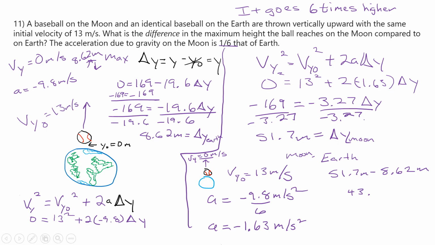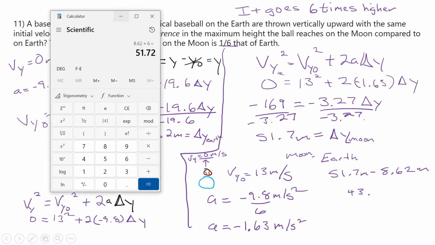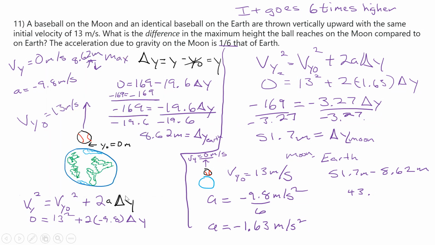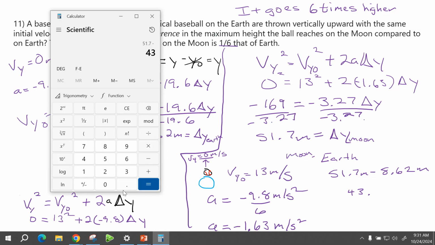That can't be right. Let me do the math on this. 51.7 minus 8.62.